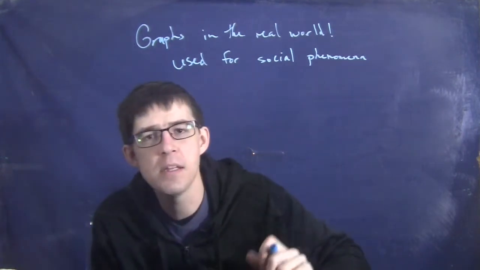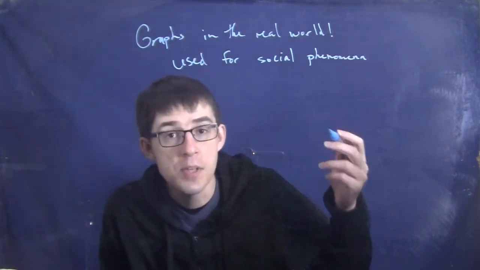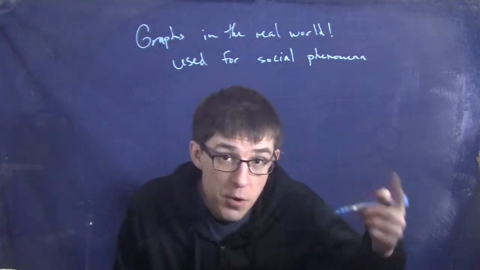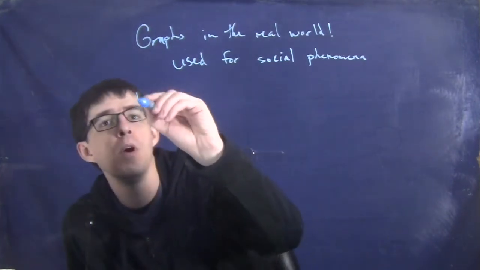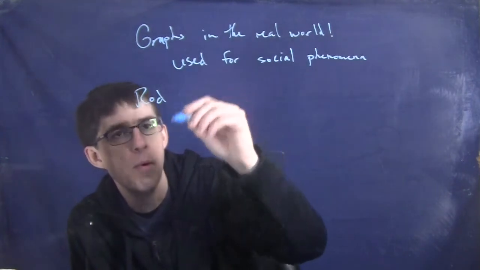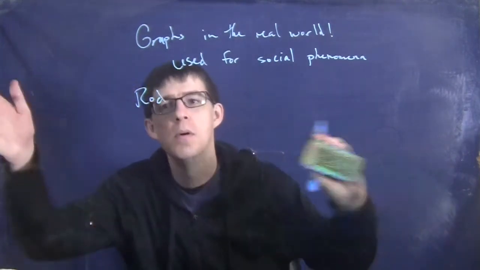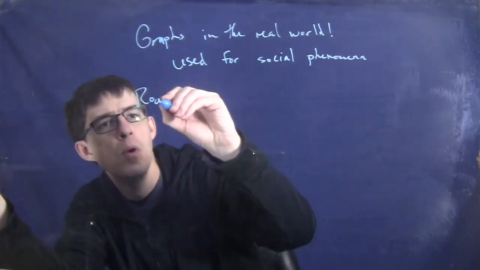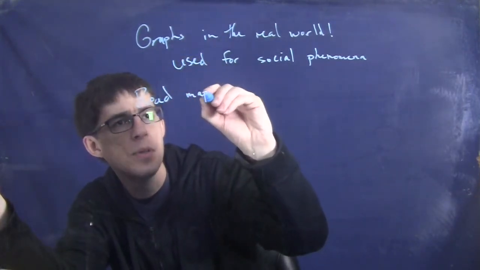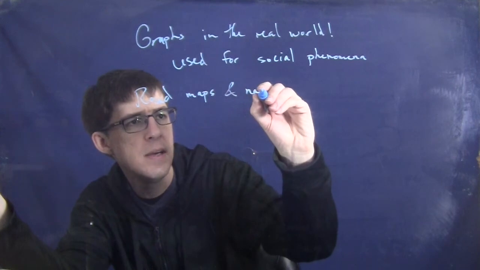Anyway, let's talk about some examples. Some areas of your life where you have encountered things which are very similar to graphs. One would be road maps and navigation, right?